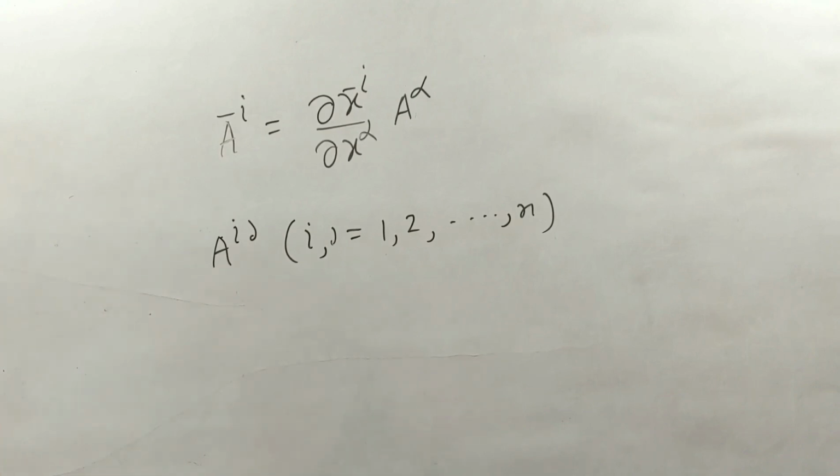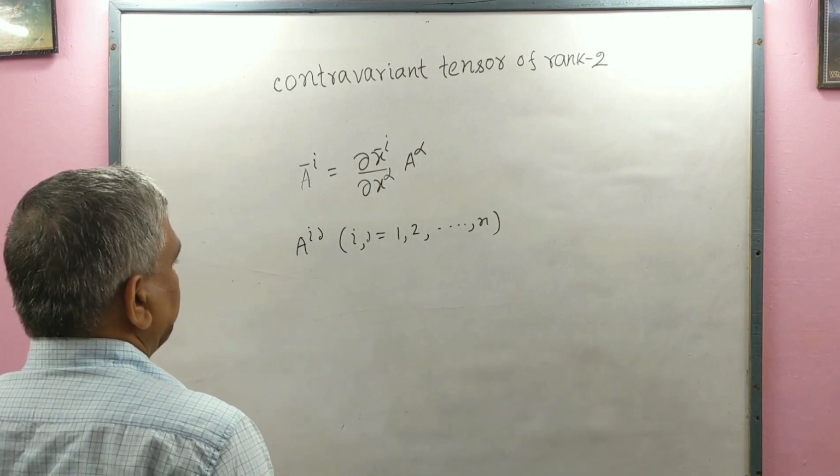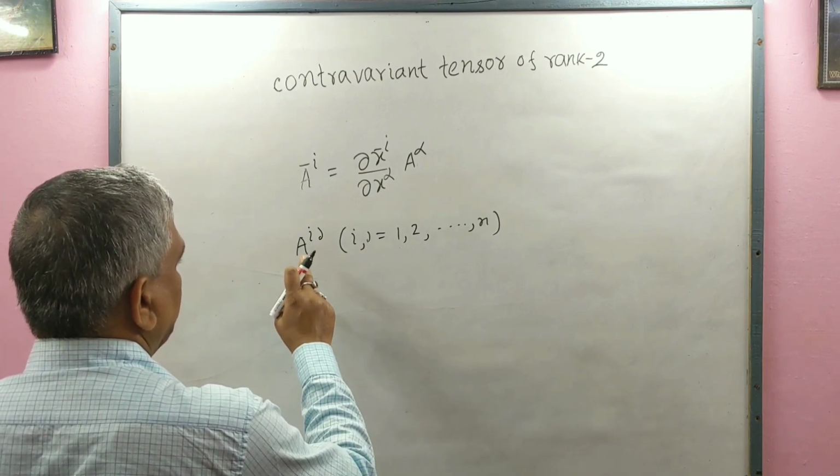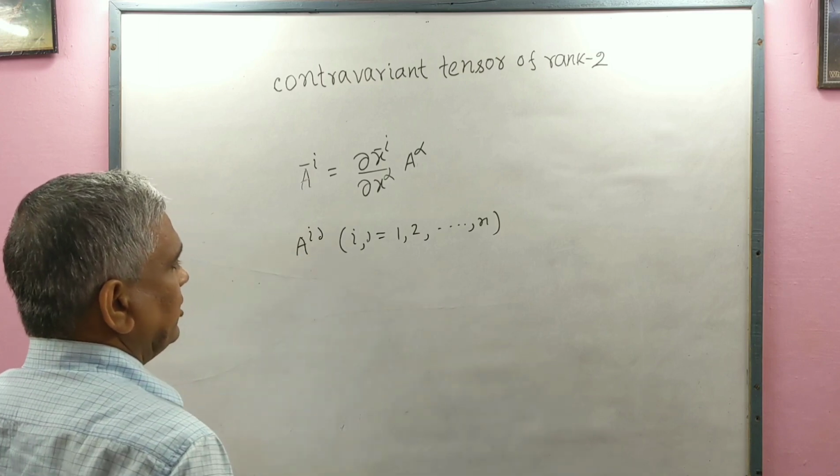So in that matrix, the number of quantities will be n square. This is the contravariant tensor in x system of coordinates.